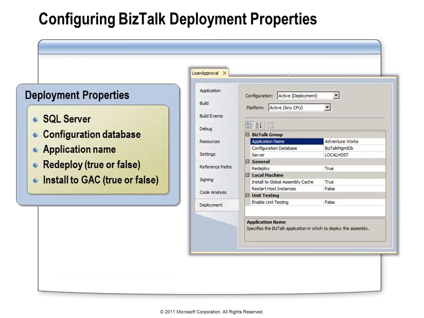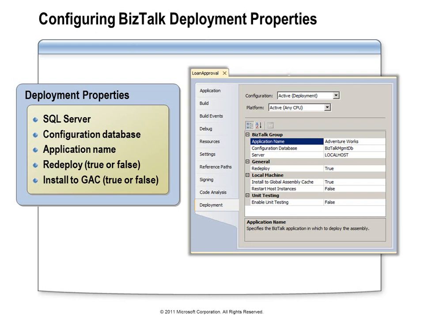The second step listed in the deployment sequence is to configure the deployment properties on each of our BizTalk projects. To do that, you'll need to visit the Properties window for each project and then click on the Deployment tab, and you'll see the property grid shown here. You'll need to provide the information that Visual Studio will need to connect to the BizTalk management database.